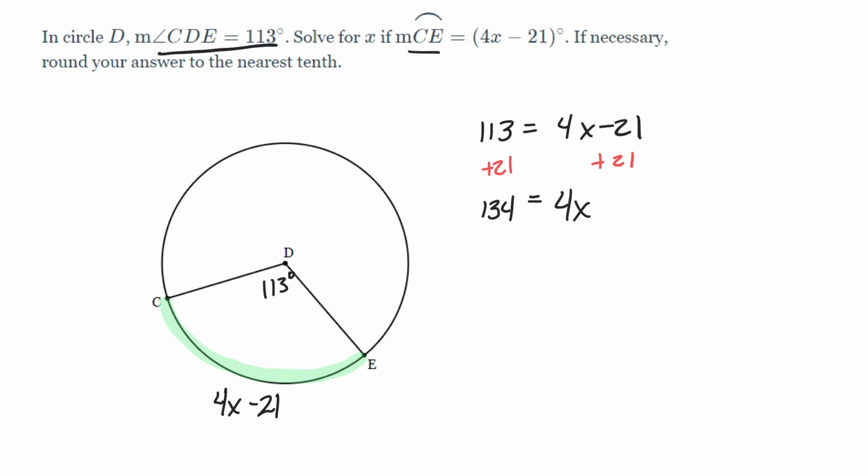We then divide both sides by 4, and we learn that x is equal to 33.5. So we set up our equation and we solve from there. And that's what we should have.